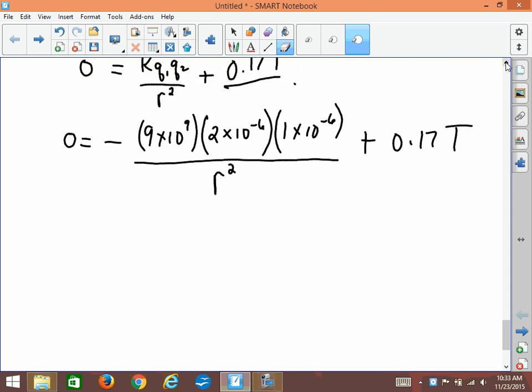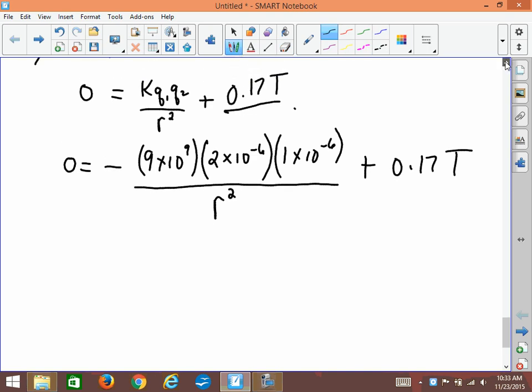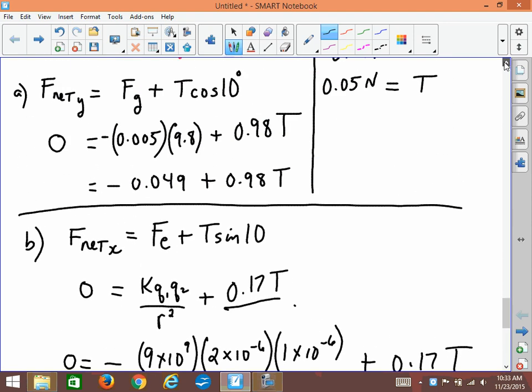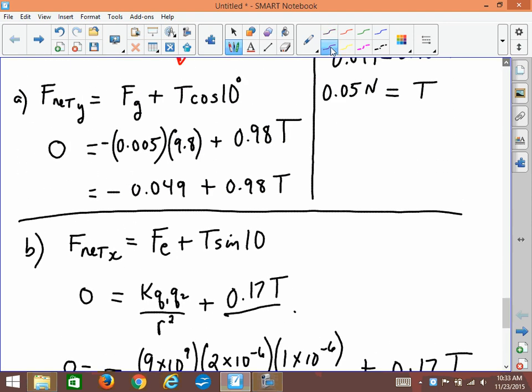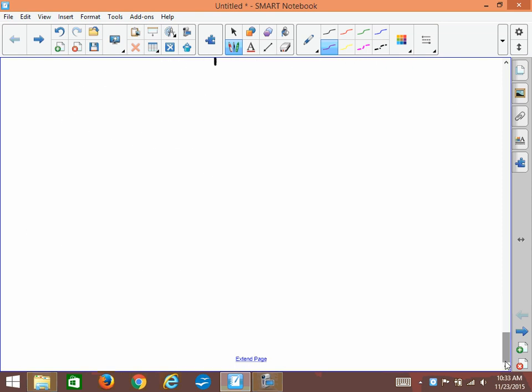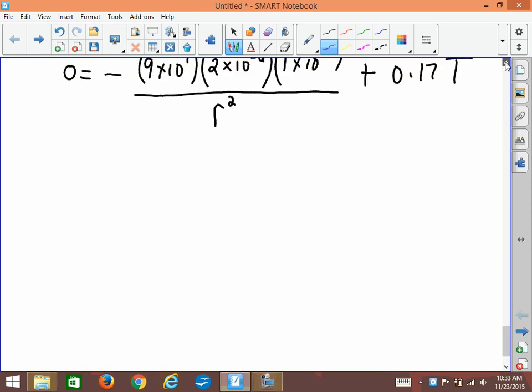We had this equation. Everybody was happy, right? We had this and that. We know T, the tension, because we already figured out in part A what the tension was. It's right over here, 0.05. So that's what we were going to do. We were going to substitute that in.